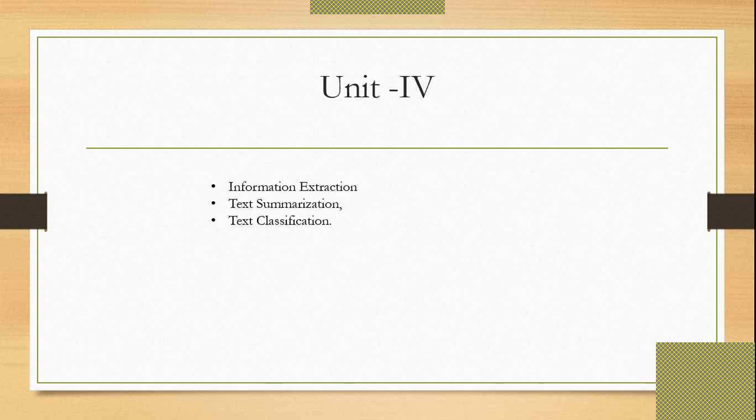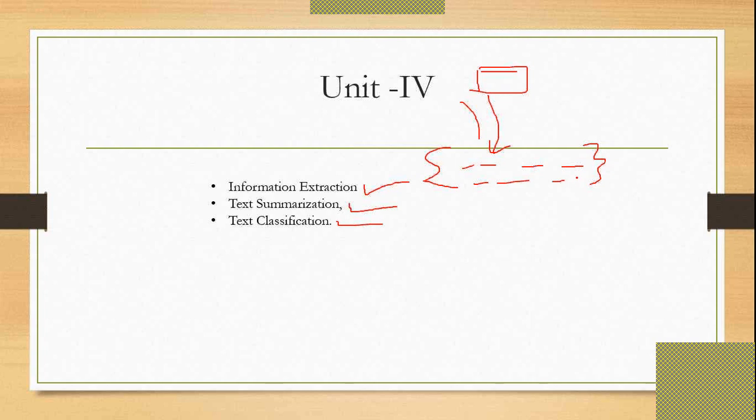So these are the three important steps we have to see in this lecture: text information extraction, text summarization, and classification. Roughly, text extraction is extracting the data from a website. There is a website and you are extracting the data. This data may be unstructured, and let us consider it is 10 GB of data.